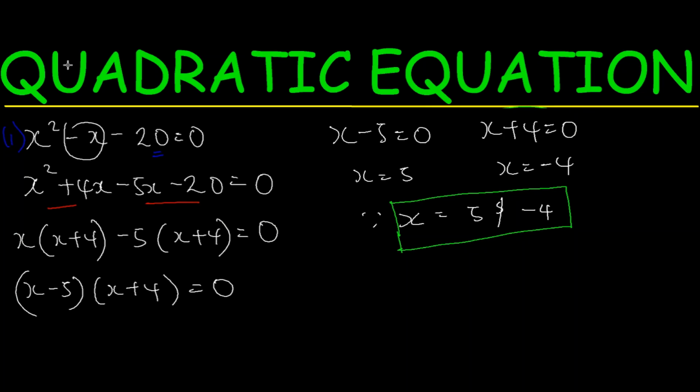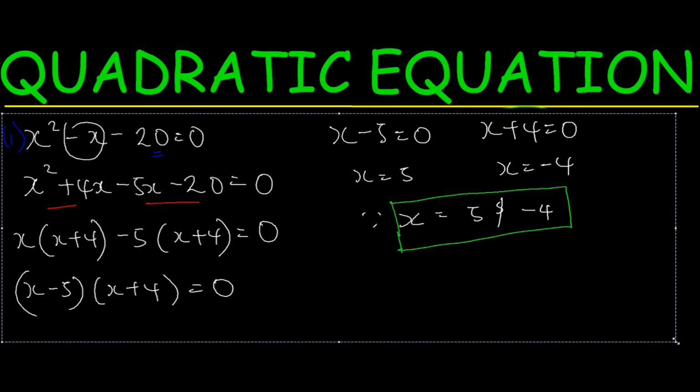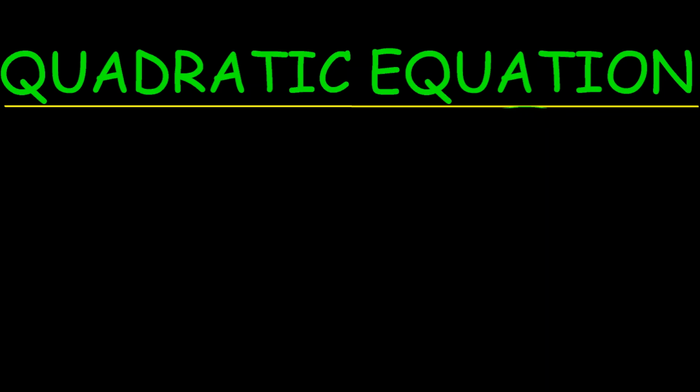So let's take our last example, last but not the least. For our last example, let's solve the equation 2x squared plus 3x minus 9 is equal to 0. Please guys, feel free to pause the video and attempt this question.